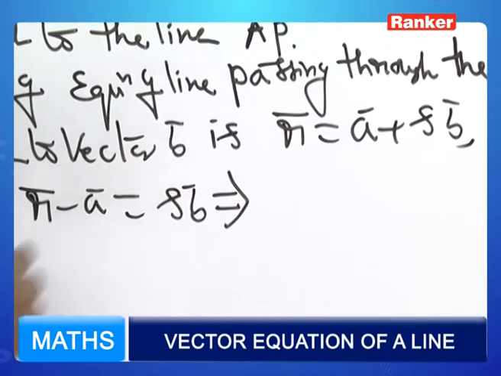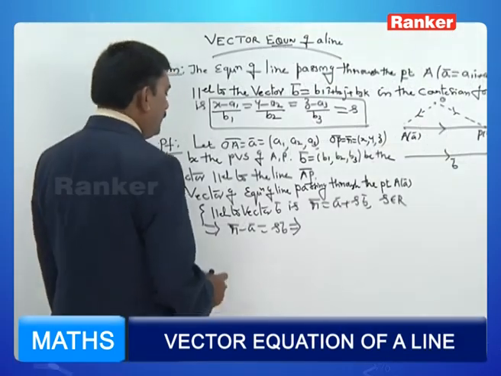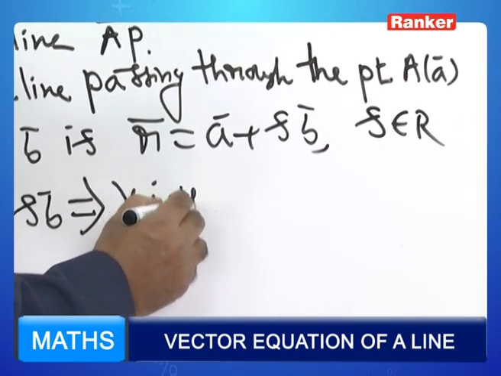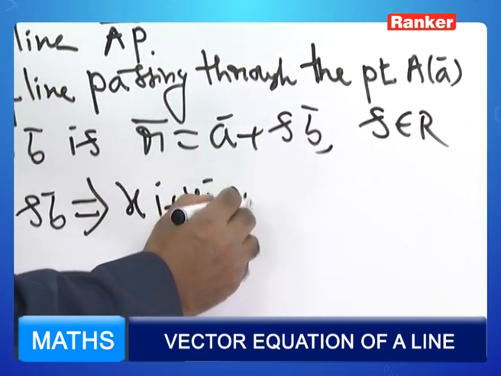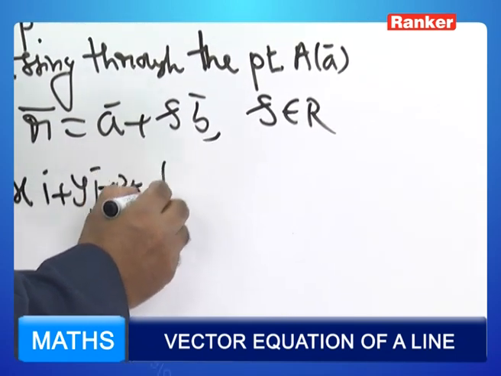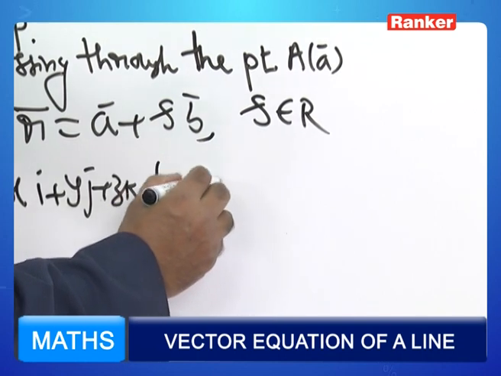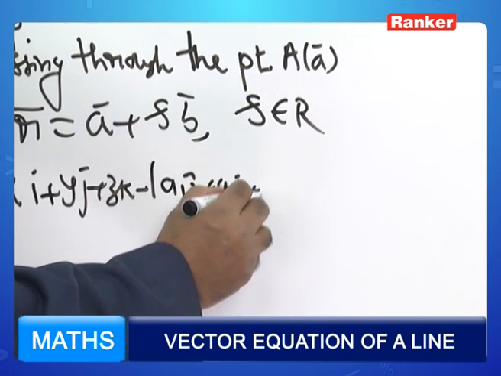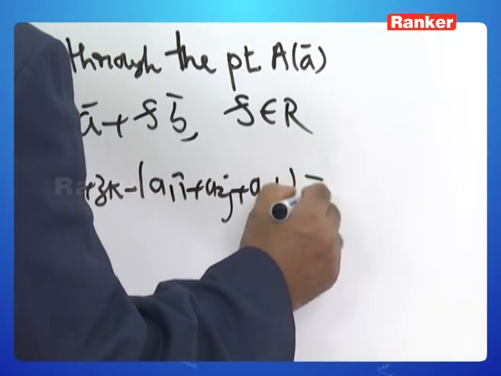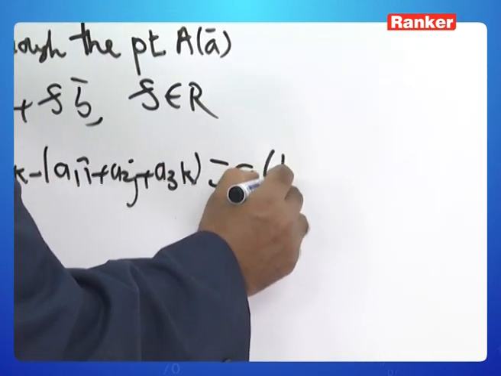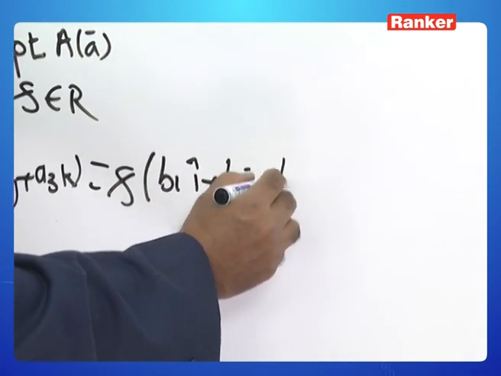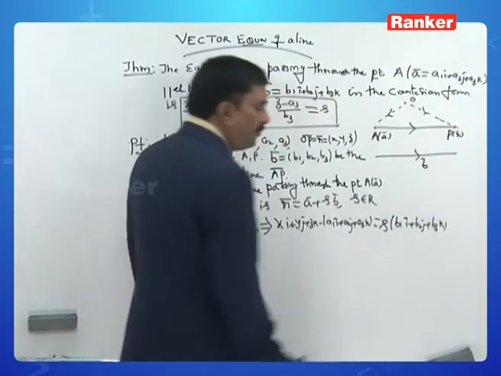This can be written as, what is R bar? This is Xi, Yj, Zk minus A1i, A2j, A3k is equal to S into B1i, B2j, B3k.